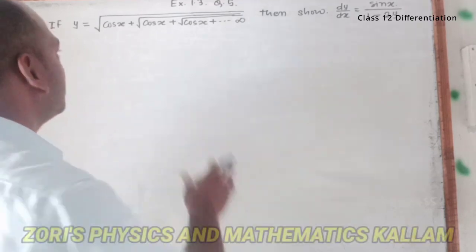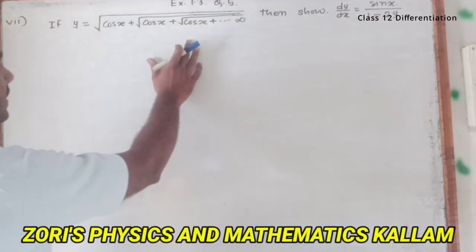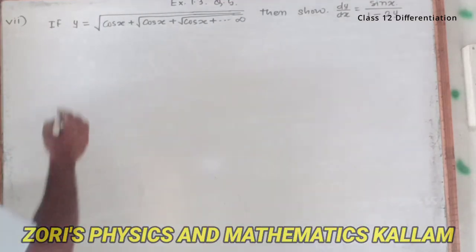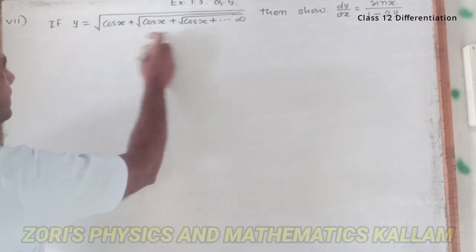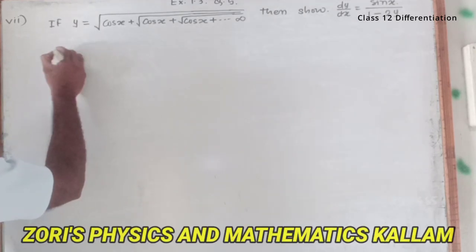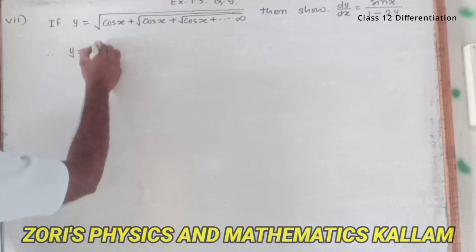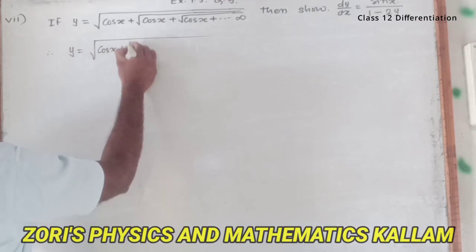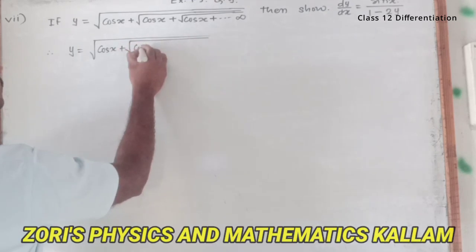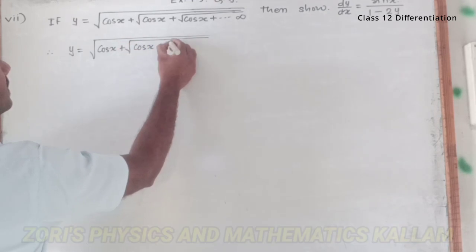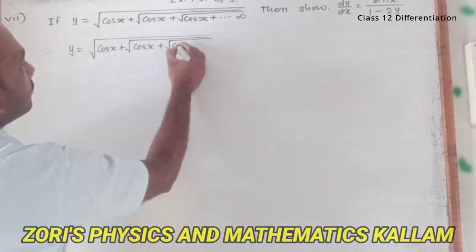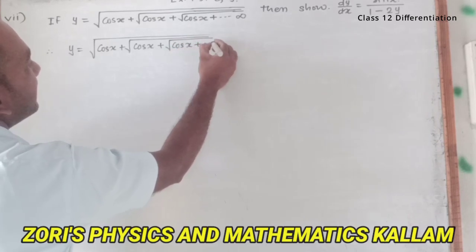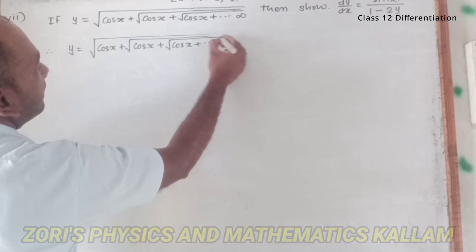So this is a very easy, important question. So very first we are taking this part below here. Therefore y = √(cos x + √(cos x + √(cos x + ... infinity))).